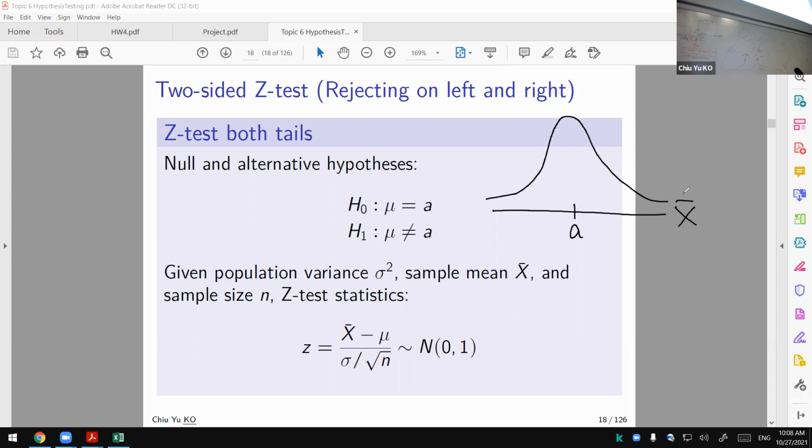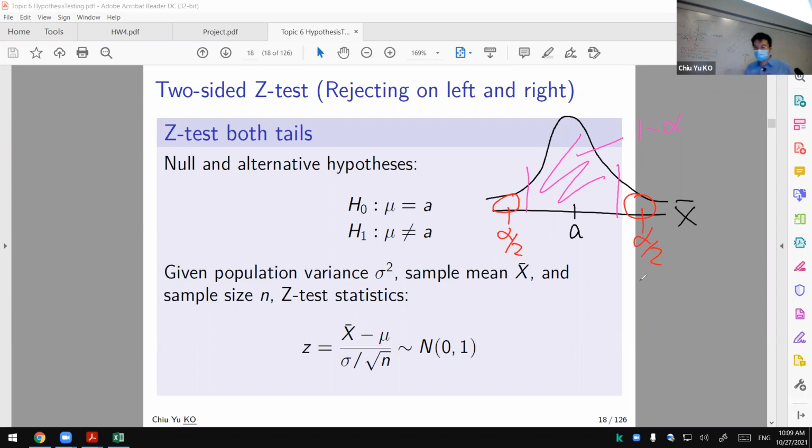So just like the very beginning example, you want the middle one to be 1 minus alpha, so the rejection area on each side will be alpha over 2. This is the only difference between the one tail and two tail. The middle is still 1 minus alpha, but both tails are alpha over 2.